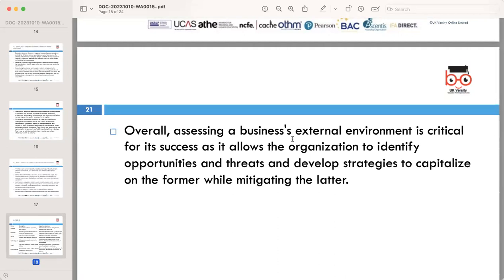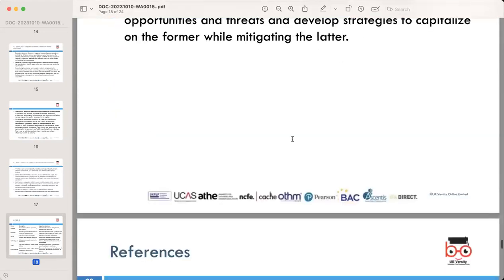Armed with this knowledge, businesses can develop strategies that not only capitalize on the identified opportunities, but also work to mitigate the risks and challenges presented by these external factors. In a sense, assessing the external environment is a fundamental step in crafting a robust and adaptable business strategy that can navigate the ever-changing landscape of the business world.